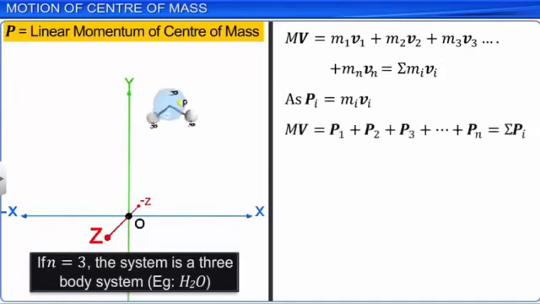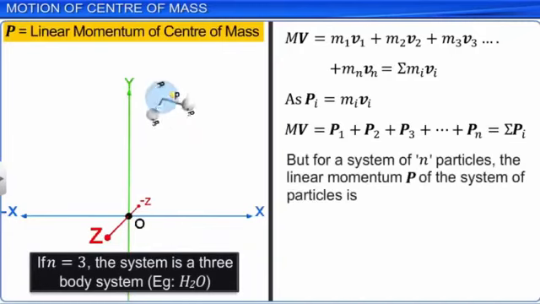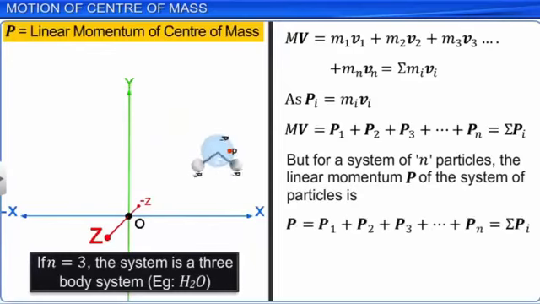Mv is equal to p1 plus p2 plus p3 and so on plus pn, which is equal to sigma pi. But for a system of n particles, the linear momentum p of the system is p1 plus p2 plus p3 and so on plus pn, which is equal to sigma pi. Hence, p is equal to Mv. Let this be equation 4.